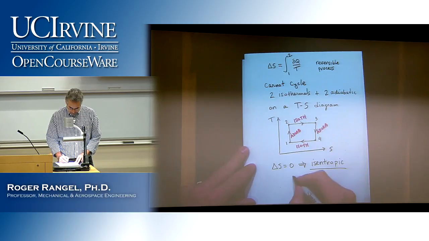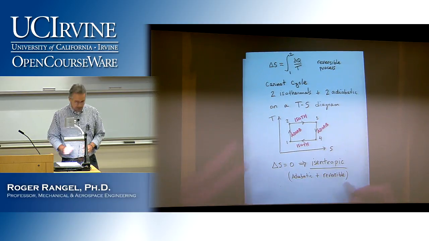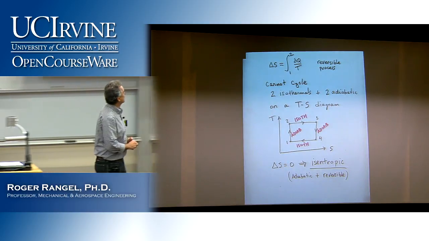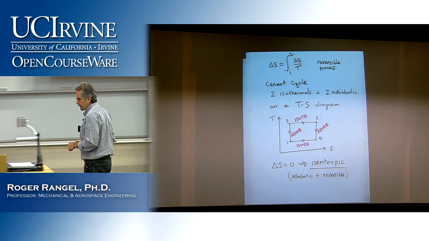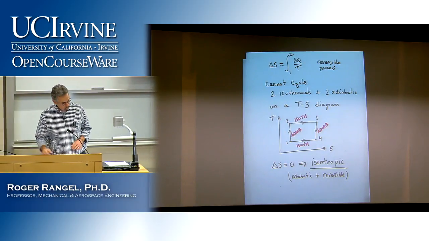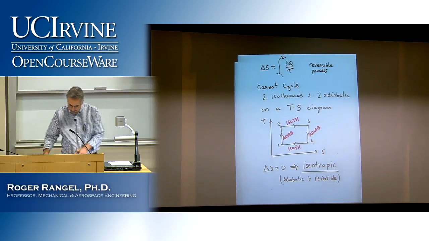So it has to be both adiabatic and reversible, and then it'll be isentropic. Okay.